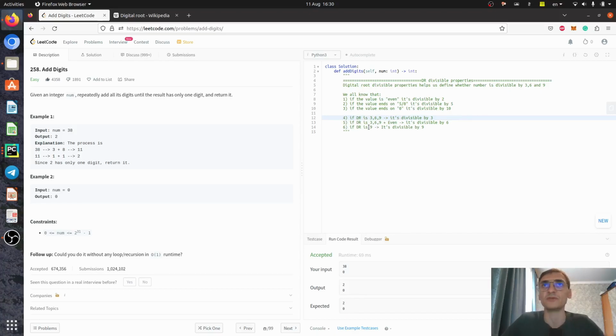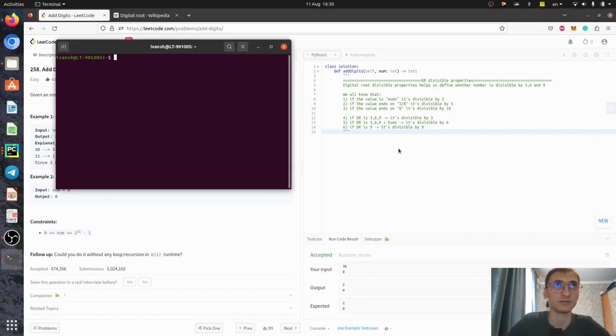But what about digital root? If the digital root is 3, 6, or 9, it's divisible by 3. If its digital root is 3, 6, or 9 and it's even, it's divisible by 6. And if the digital root is 9, it's divisible by 9. We can simply check it.